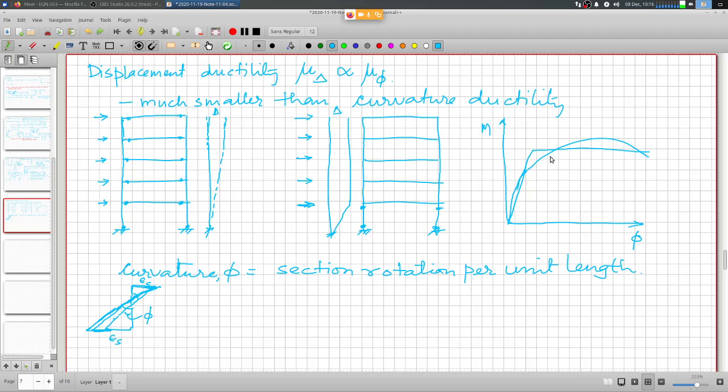So this is the idealized elastoplastic bilinear model, and this is the real behavior.